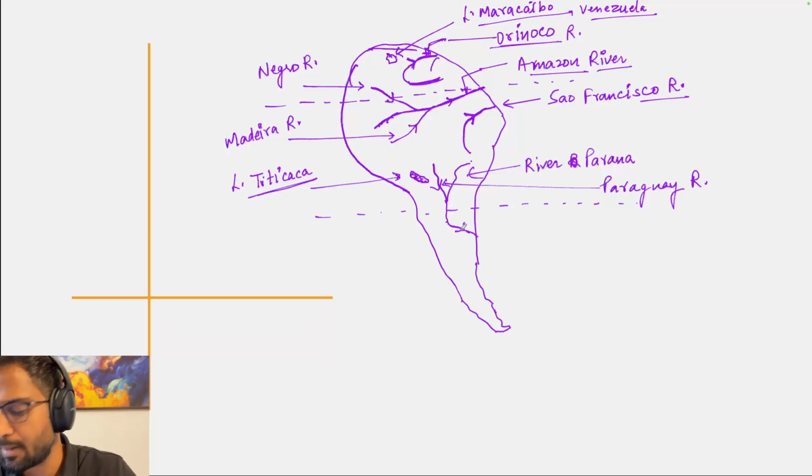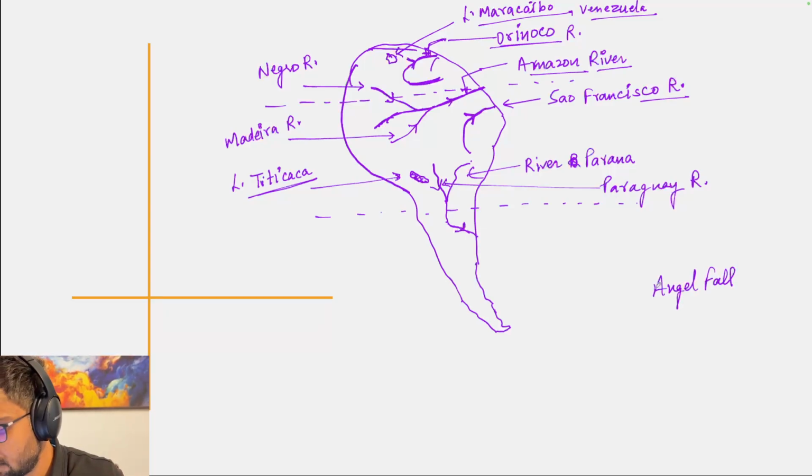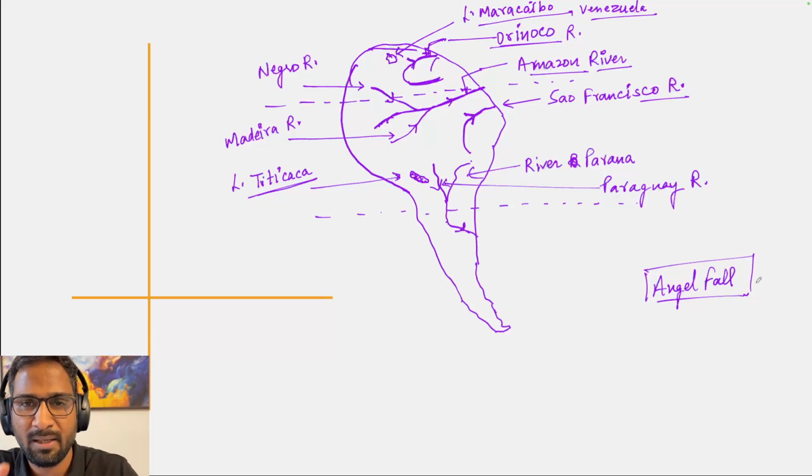So these are the important rivers of South America. Just to give you one more fact, if you have heard of something called Angel Fall. Angel Fall is said to be the highest uninterrupted waterfall in the world.